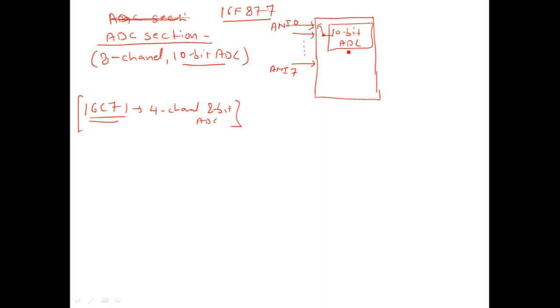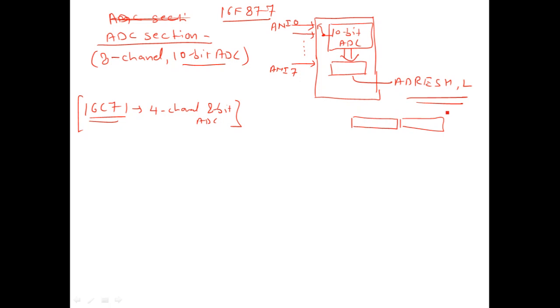The output of the ADC is 10-bit digital data, and that will be stored into internal SFRs. They are the ADC result registers, higher and lower. So there are two 8-bit registers, which are ADC result higher and ADC result lower.